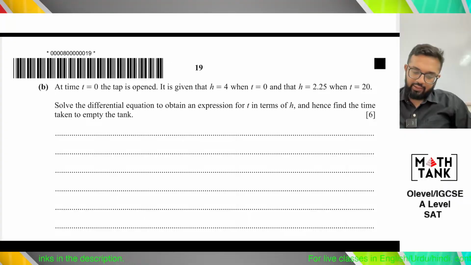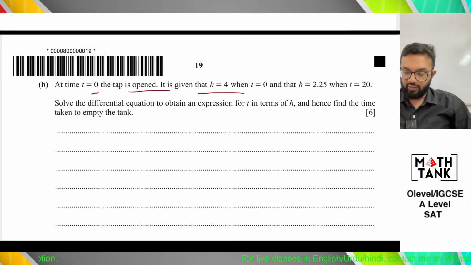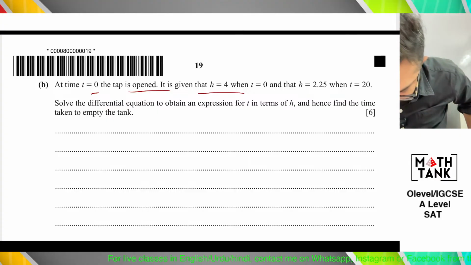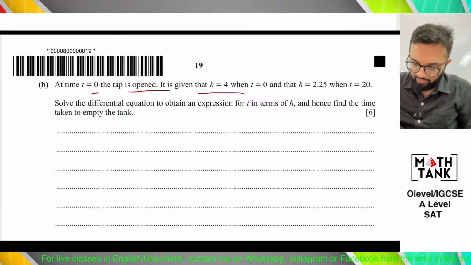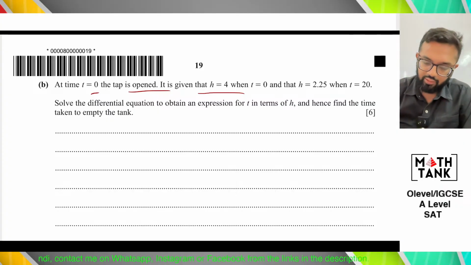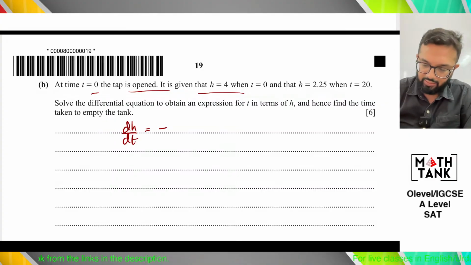That says at time t0, the tap is open. It is given that h equals 4 when t equals 0 and h equals this when t equals that. Solve the differential equation to obtain an expression for t in terms of h and hence find the time taken to empty the tank. Okay, so dh over dt is minus k minus lambda root h.